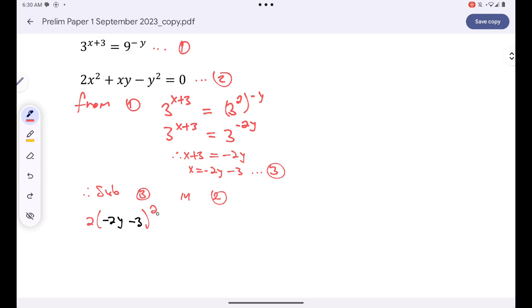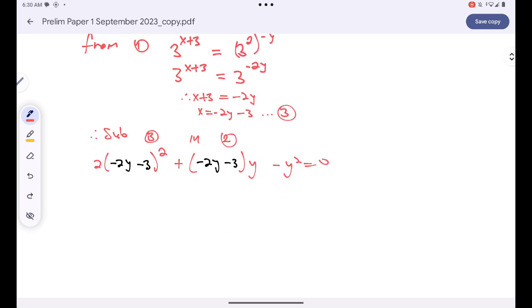x is just equal to negative 2y minus 3. I still have another negative 2y minus 3. This is multiplied by y minus y squared is equal to 0. Whenever I remove my brackets, I'll end up having 4y squared multiplied by the 2 outside, that's positive 8y squared. And then I'll have positive 12y times 2, that's positive 24y.